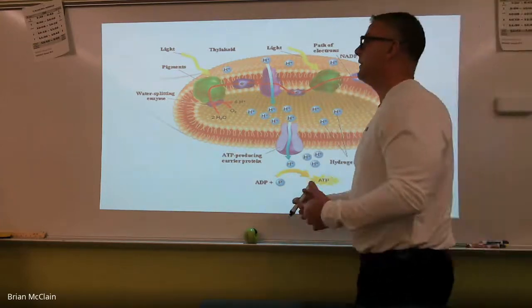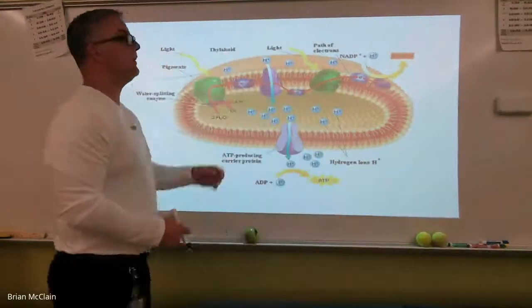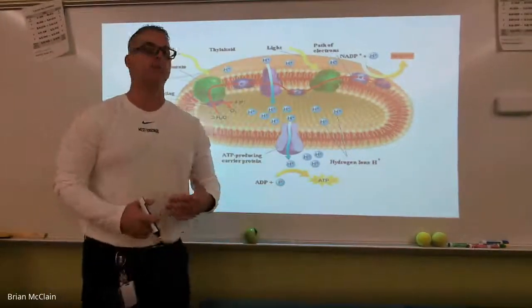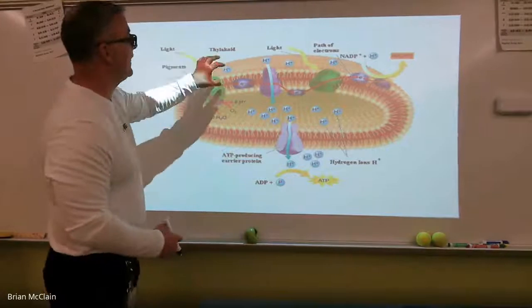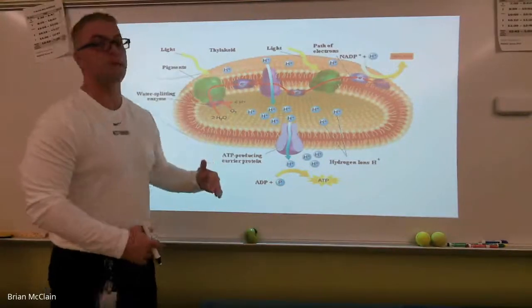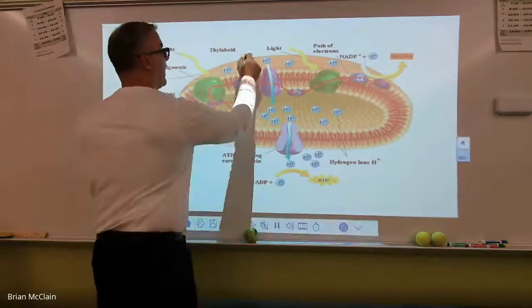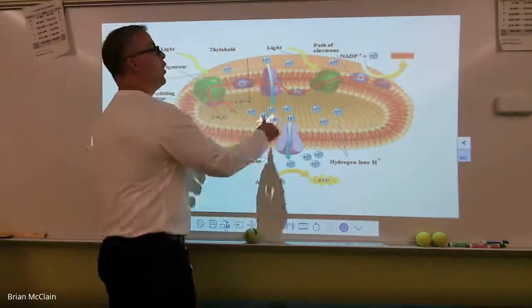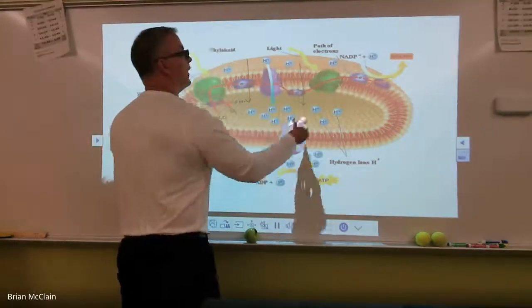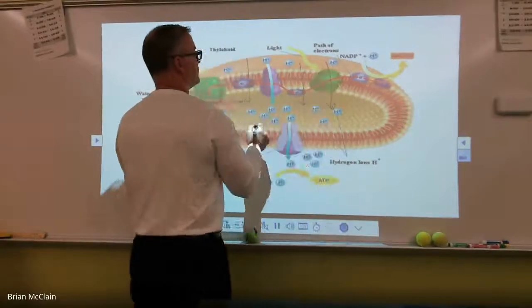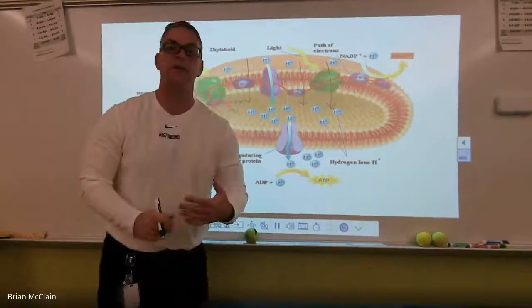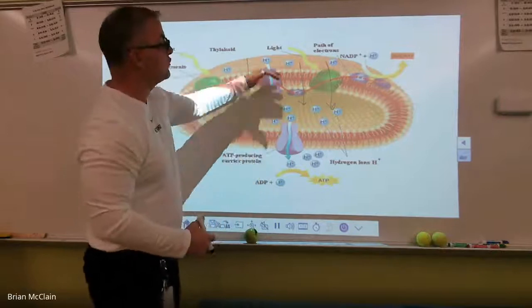We're going to find that this is powered by the light energy. So we're going to show you how light energy can actually power the movement of these electrons to get them flowing. We're also going to see that those electrons are going to play a role in helping us push protons across the membrane. So much like what we saw in respiration, we build up an electrochemical gradient.